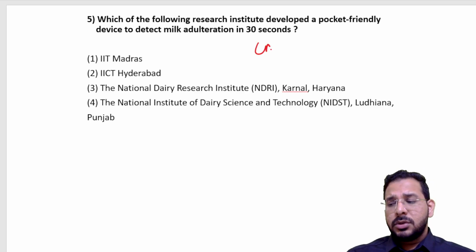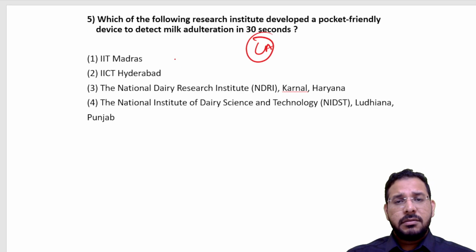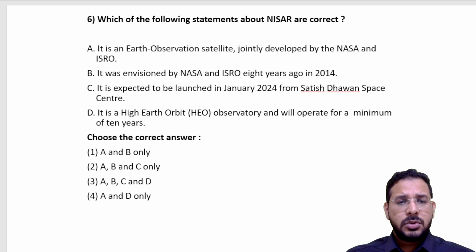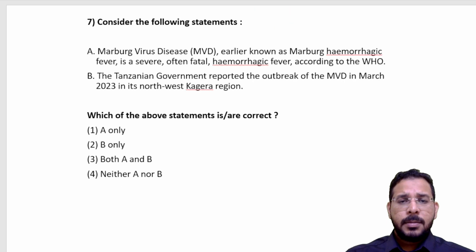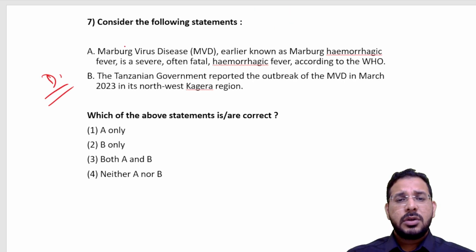Then a question based on current affairs where it has been asked that the recent developments like a pocket friendly device to detect milk adulteration was created by which institute has been asked. So it is a current affairs based. So a question on space technology about NISAR satellite has been asked, and a question on diseases has been asked, which is also related to your current affairs.